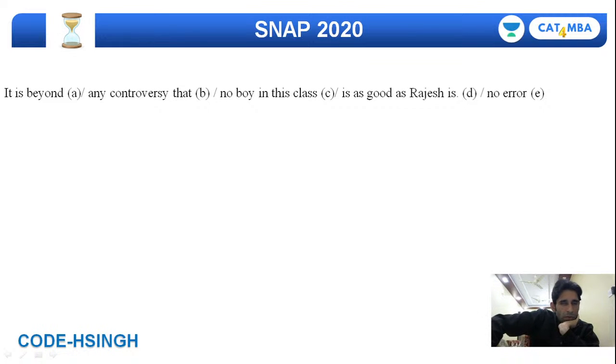It is beyond any controversy that no boy in this class is as good as Rajesh is. Guys, 30 seconds. That is what you get in Snap also. What will the answer be here?